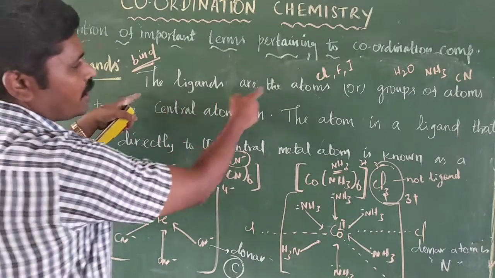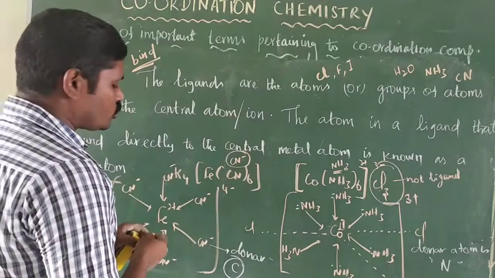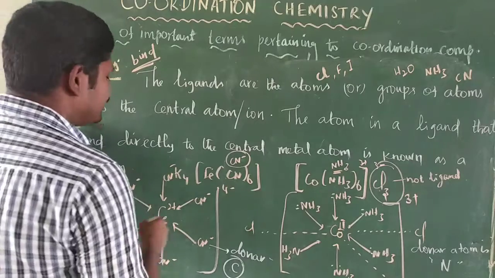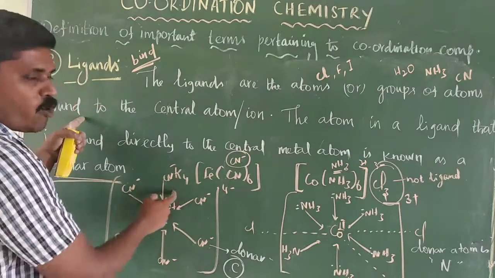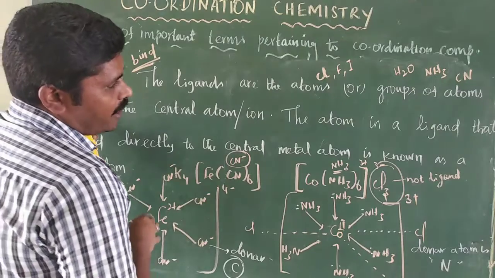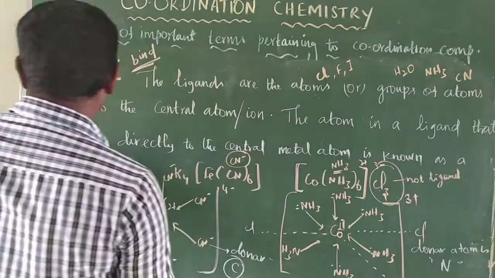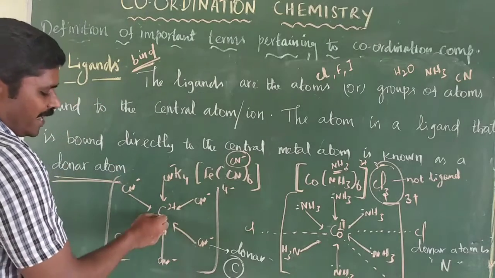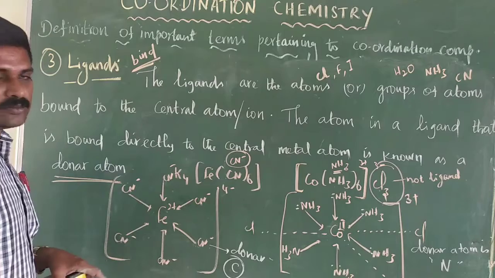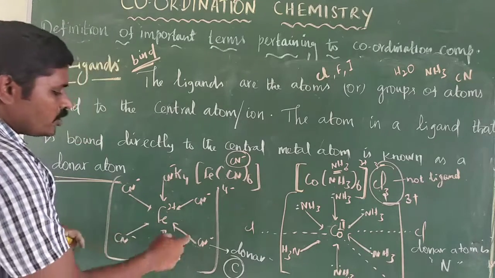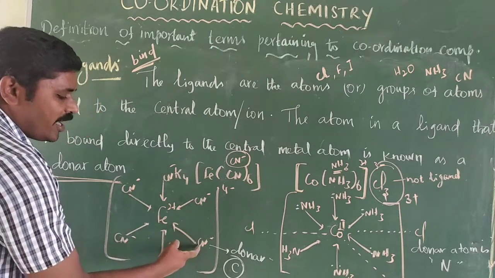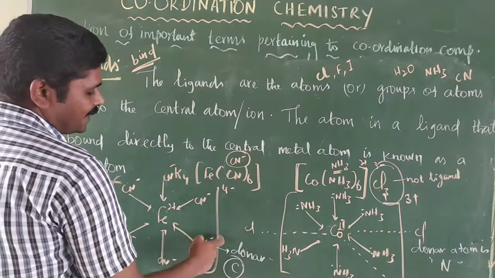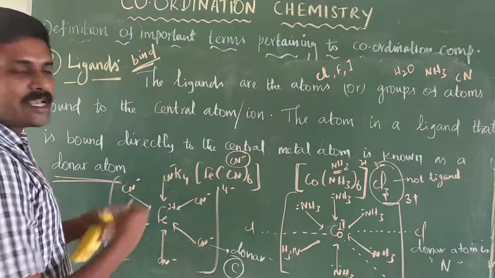Okay, so a ligand can be an atom or a group of atoms, bound directly to the central metal atom. It donates a lone pair of electrons to the central atom. So the atoms or groups of atoms that donate electrons to the central metal atom and bind directly to it are what we call ligands.